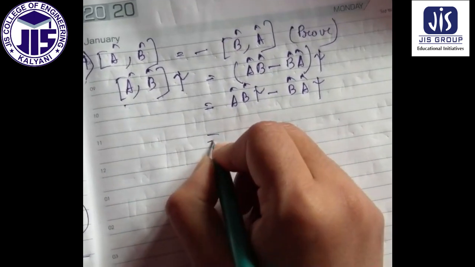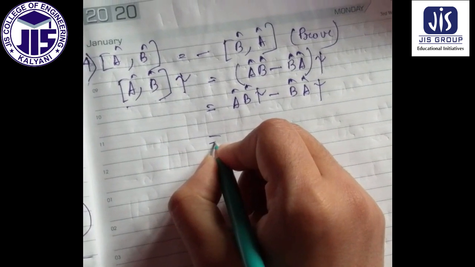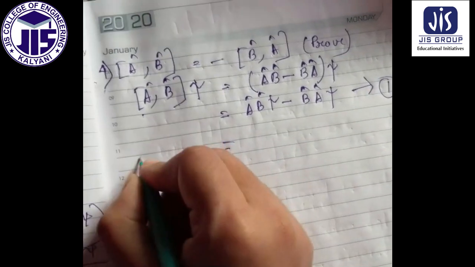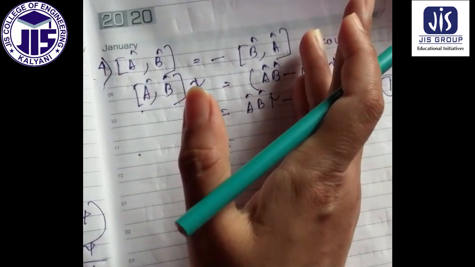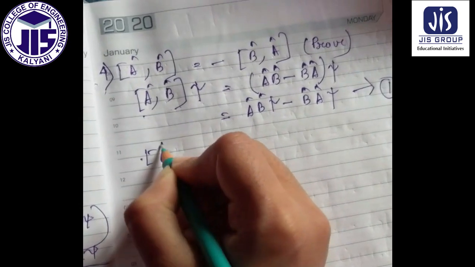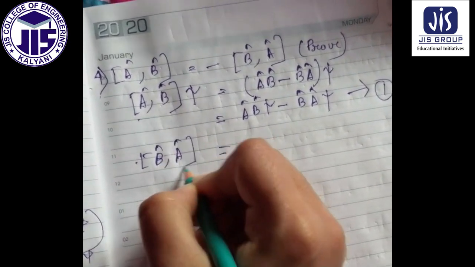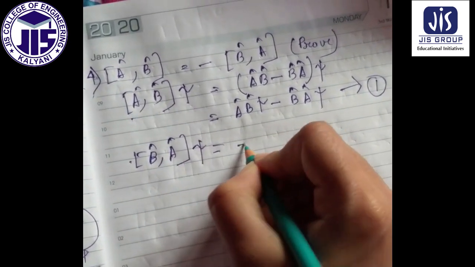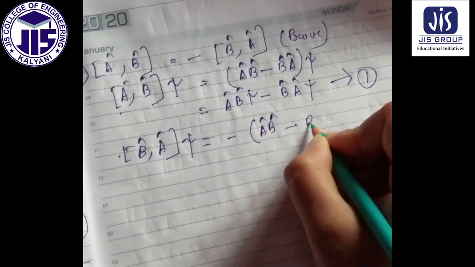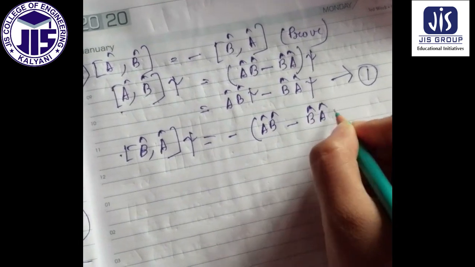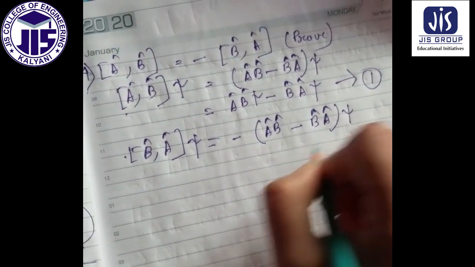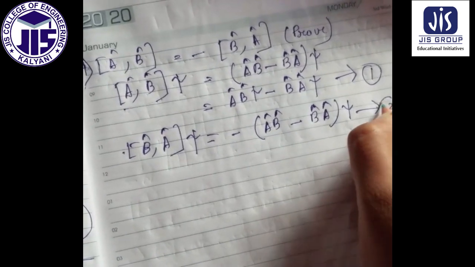Suppose this is your equation number 1. Now on the right hand side, if you take BAψ, it is equal to minus of (AB minus BA)ψ. Suppose this is your equation 2.